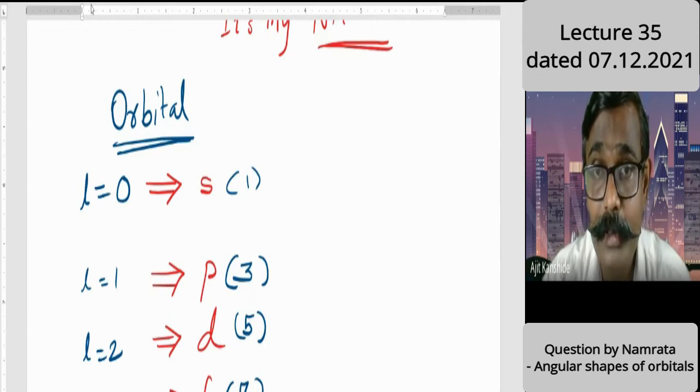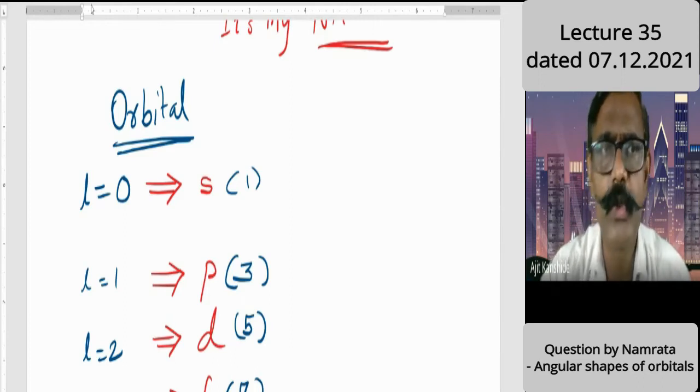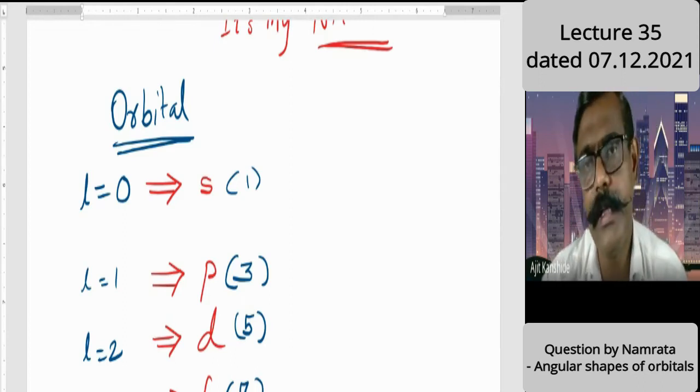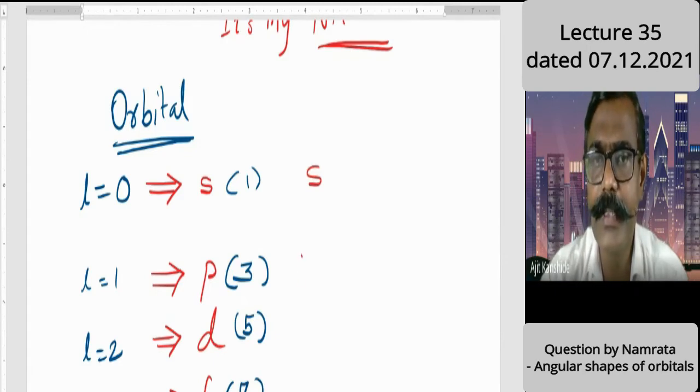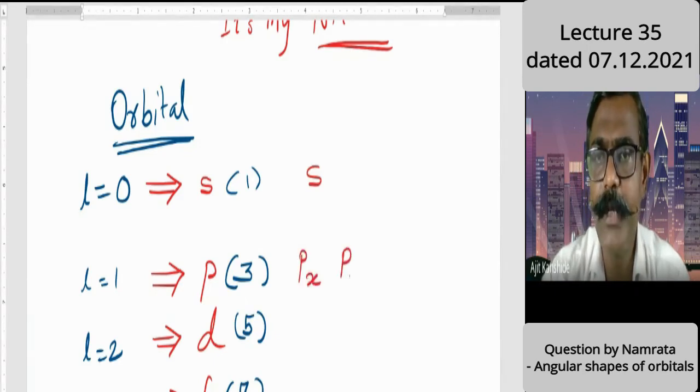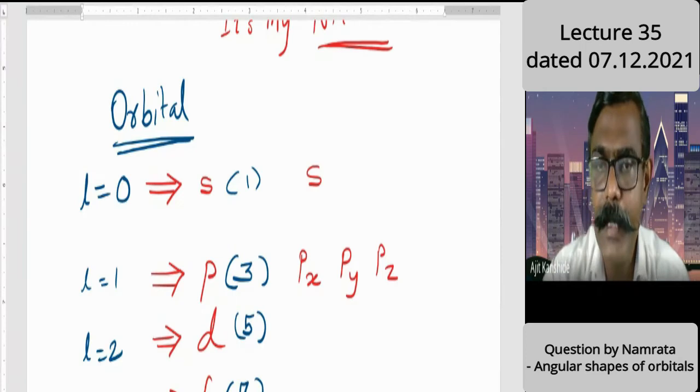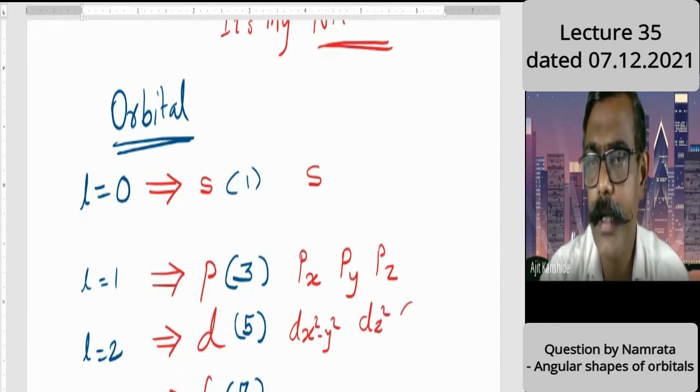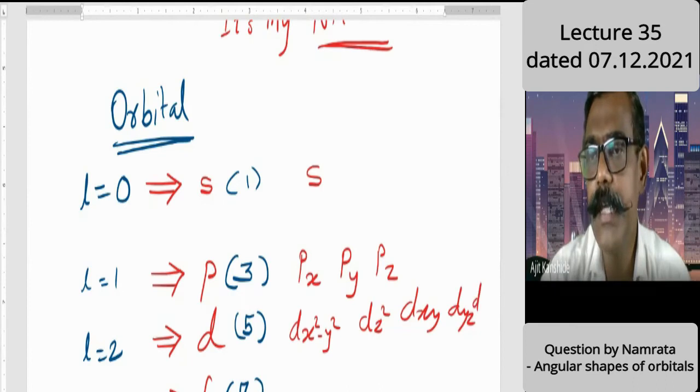So how are those labeled? s has only one, so it is considered as only s. When p, then it is considered as px, py, and pz. When d, it can be considered dx square minus y square, dz square, dxy, dyz, dxz.